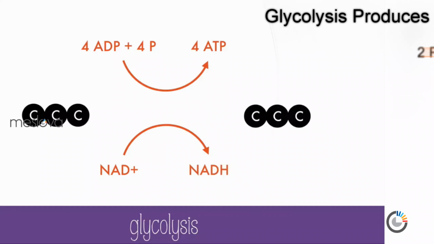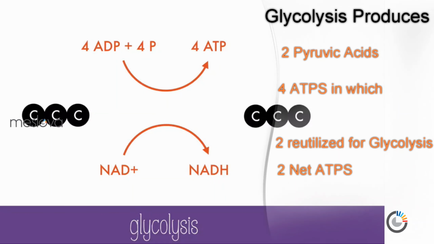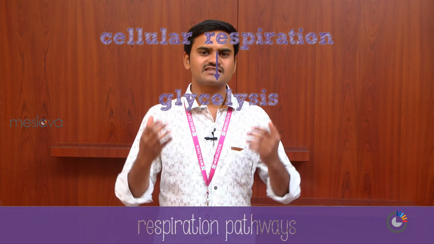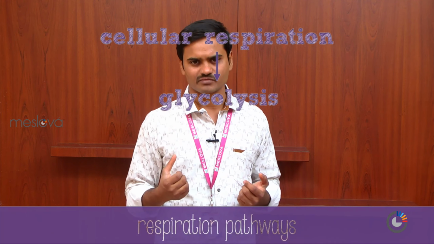Finally, in glycolysis, it produces 2 pyruvic acids, 2 ATPs and 2 NADH molecules. From here, cellular respiration takes 2 directions or 2 biochemical pathways, determined by the presence of oxygen.